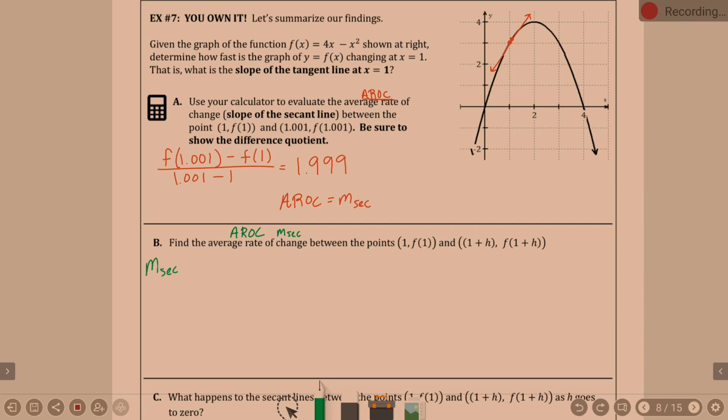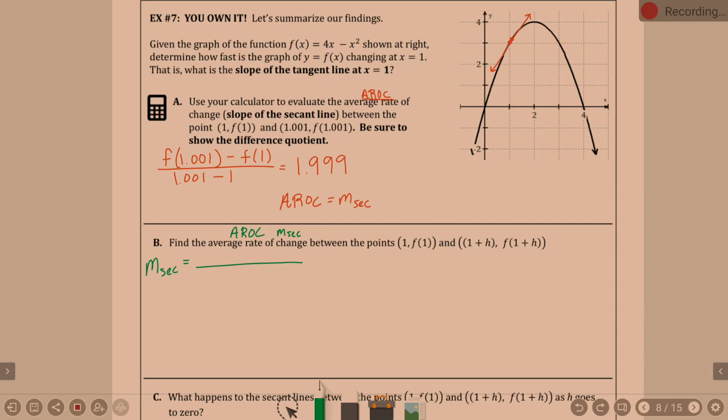Officially, we're doing what? f of 1 plus h minus f of 1 over 1 plus h minus 1.